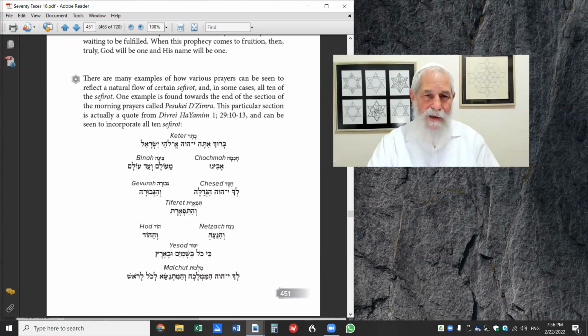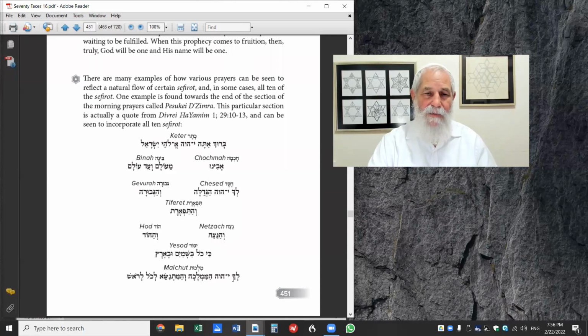Here we have in one place the names of the Sefirot. Here, ki kol b'shmayim ba'aretz, because everything in heaven and earth. So it's brought down that the words ki kol, everything together, in gematria equals Yesod.